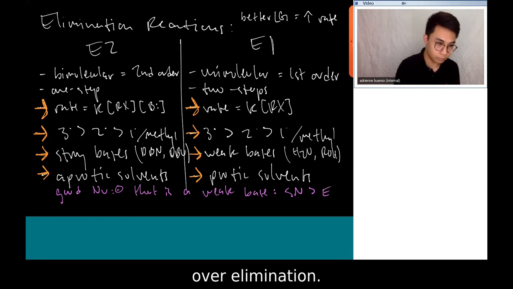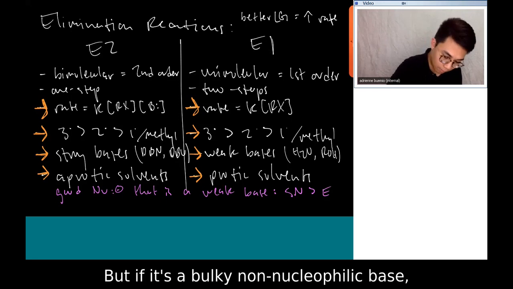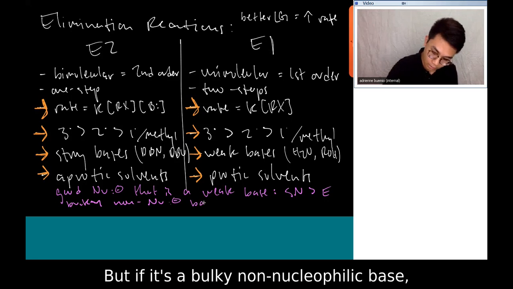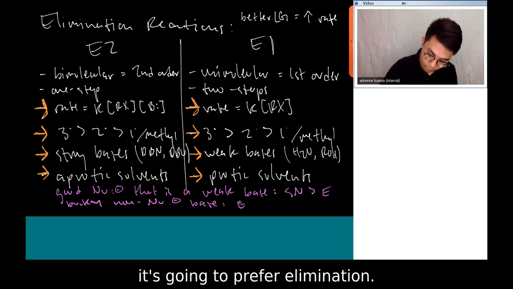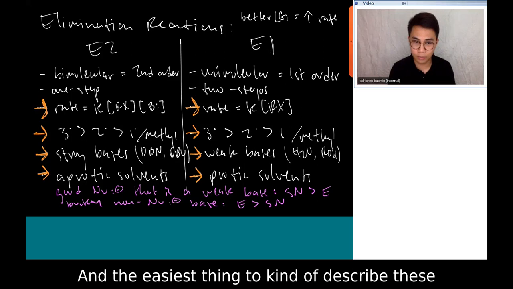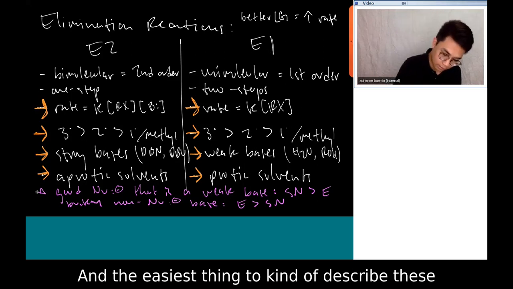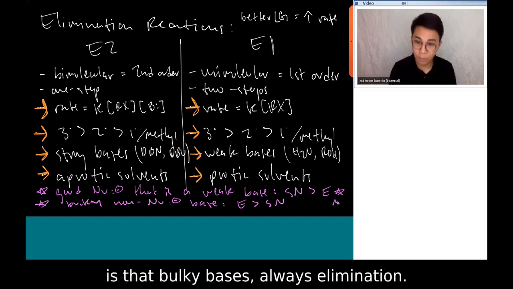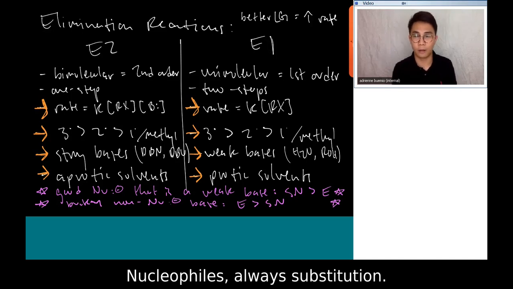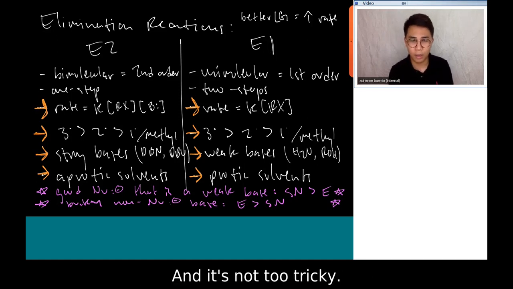But if it's a bulky, non-nucleophilic base, it's going to prefer elimination. The easiest way to describe this is that bulky bases always give elimination, and nucleophiles always give substitution. That's what I go by, and it's not too tricky.